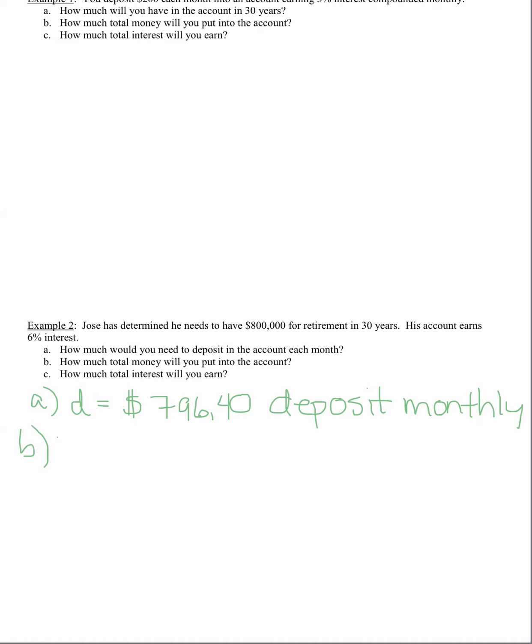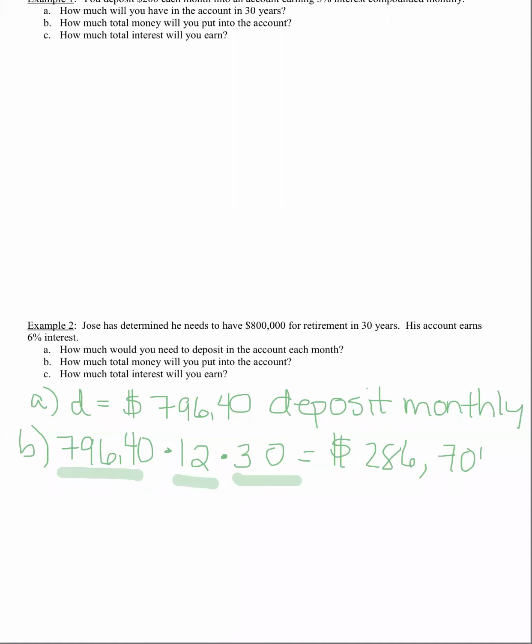So that's how much you put in times the frequency. You're putting it in for 12 months a year times that 30 years. So again, the amount you're paying per month times the number of months times the number of years. And that amount ends up being $286,706.